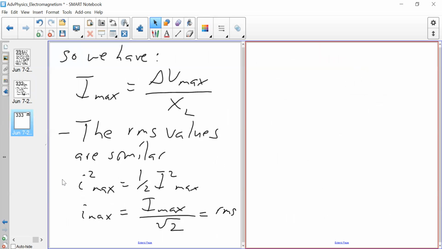So that equation becomes I RMS equals delta V RMS over XL, because we're concerned with RMS, not the max.